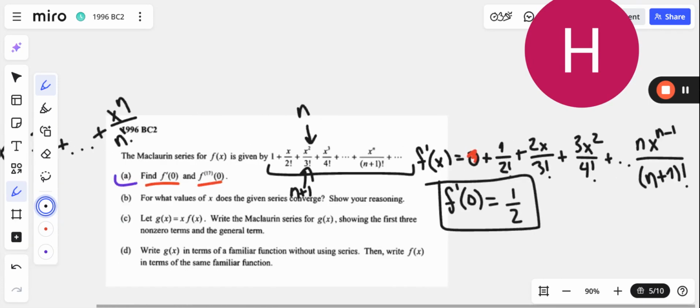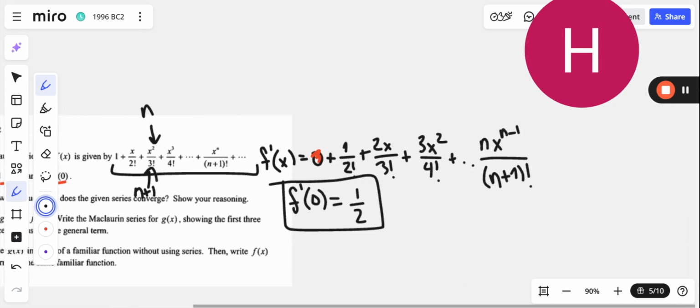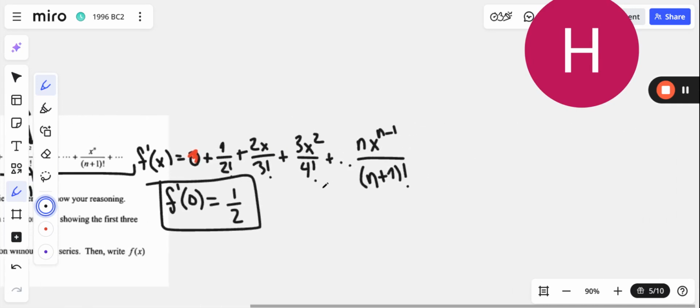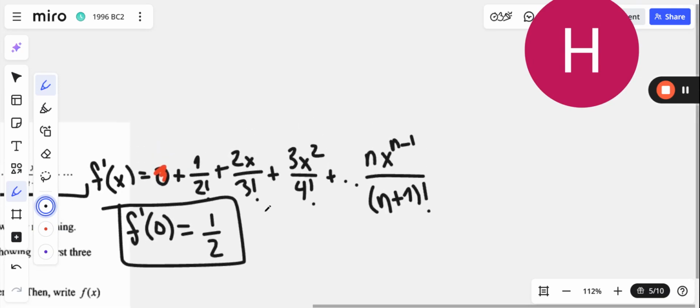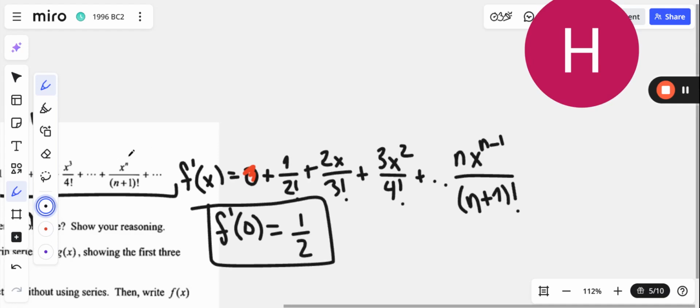If I were to do the 17th derivative, I'm obviously not going to do 16 more derivatives, right? You're going to have to pick up on a pattern. If I started from the 17th term, that's the only one that's going to survive.